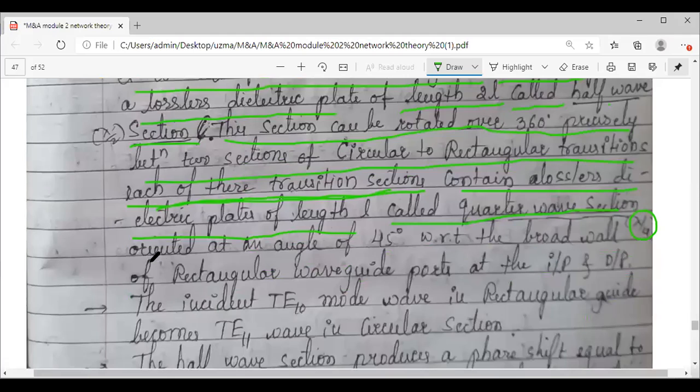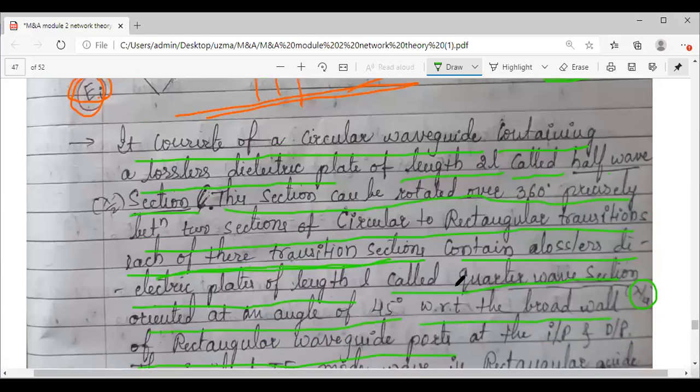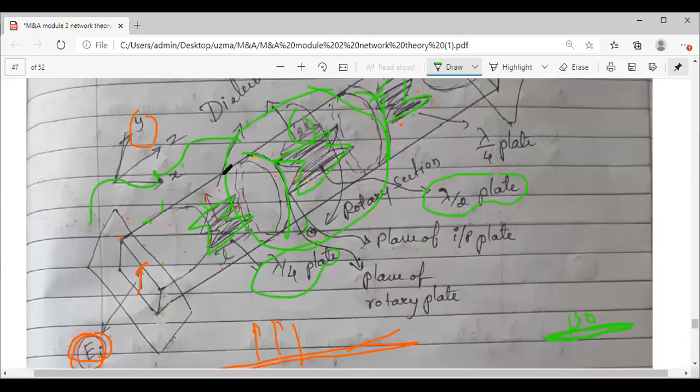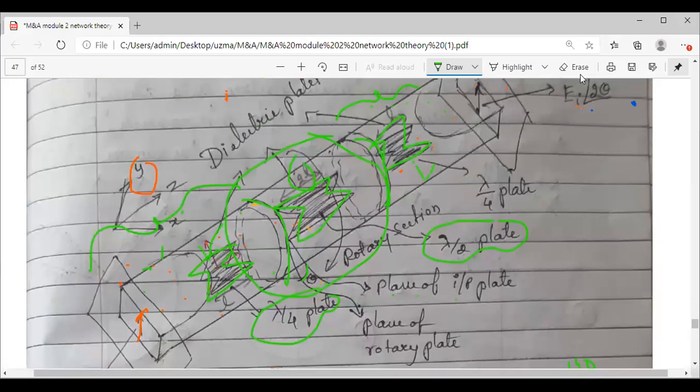And these are oriented at an angle of 45 degrees with respect to the broad wall of the rectangular waveguide ports. I am talking about these sections. The plates of length L, that is lambda by 4 plates, are tilted.